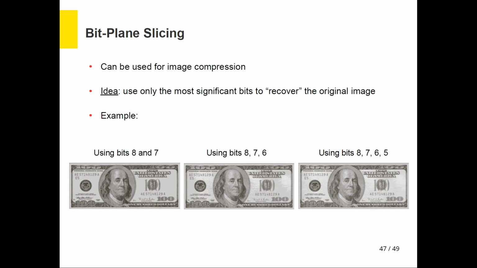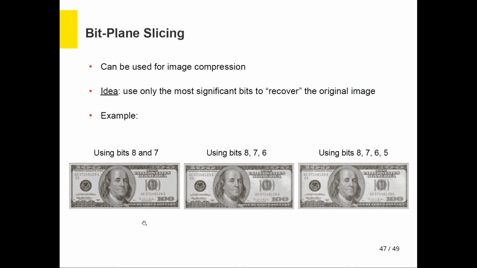So now let's say if you want to compress an image using fewer number of bytes of data, what we can do is decompose the image into its bit planes and then use different number of bits for the reconstruction. So for example, here we only use bits 8 and 7 to do the reconstruction of the original image.